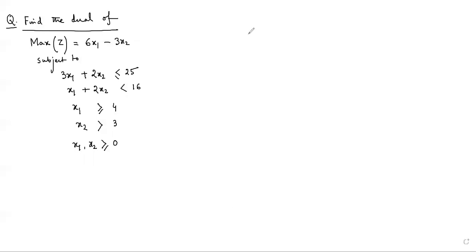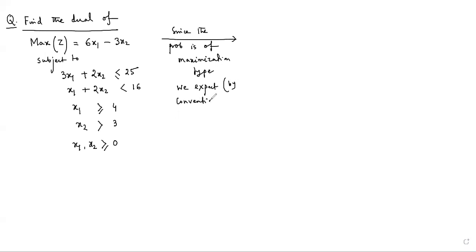First of all, what you need to do is the following. Since the problem is of maximization type, we expect, by convention, all the inequalities to be lesser than type.